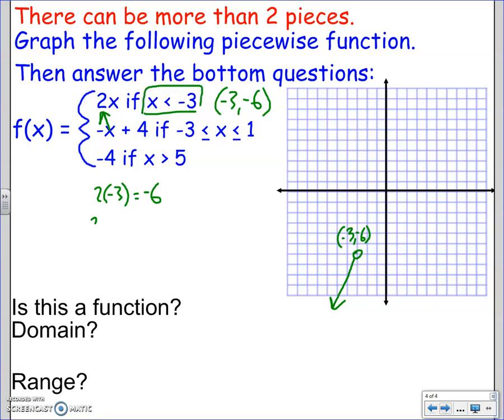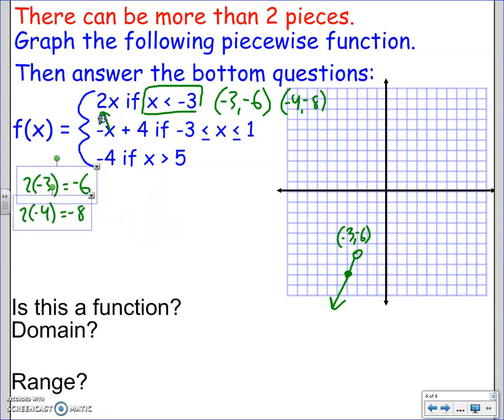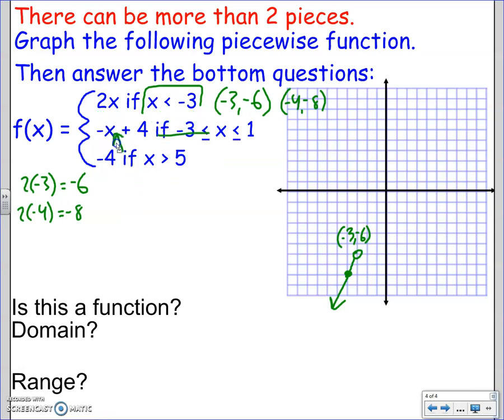If I do 2 times -4, I get -8. I should have the point -4 comma -8 in here in my check. -4, -8's right here. It is on my graph, so I'm good. My sketch is pretty accurate. Alright, so that's for the first piece.